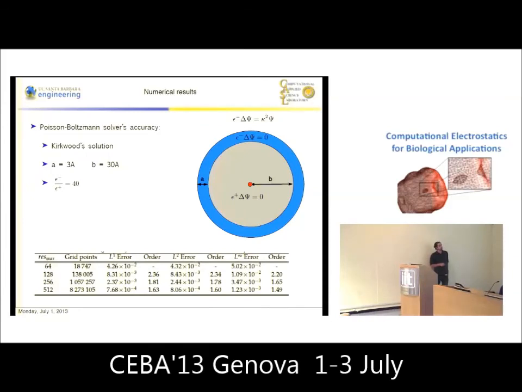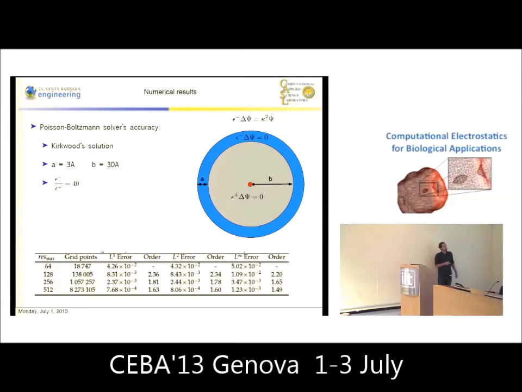So you have just the Poisson equation, and outside you take the linear version of the Poisson-Boltzmann equation, so you end up with this equation. It's not exactly the equation that we built our algorithm for, but it's pretty close.